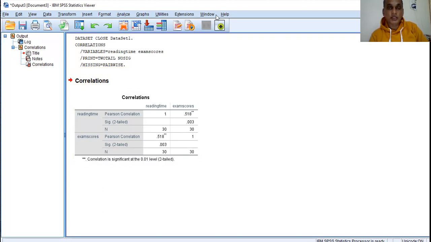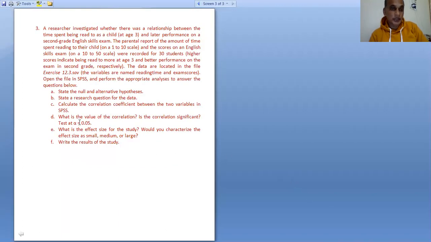I'm moving back to my share on the question itself. We are moving to the C part: calculate the correlation coefficient between the two variables in SPSS. We have calculated the correlation coefficient, and it comes to 0.518.